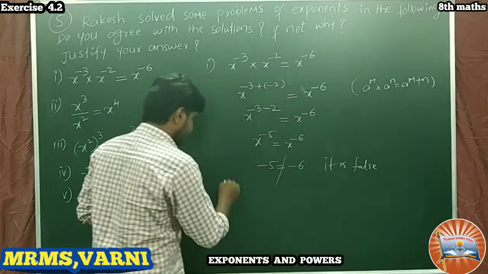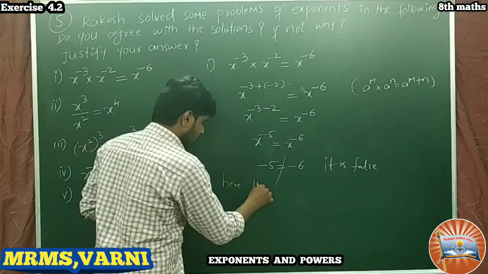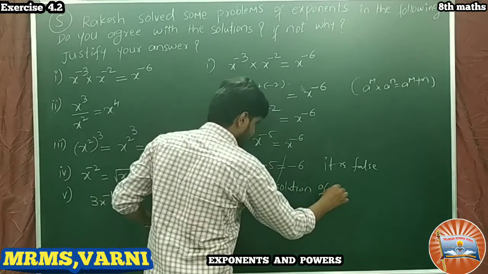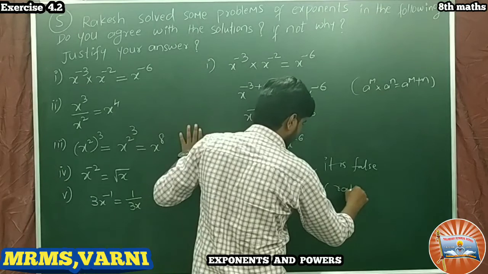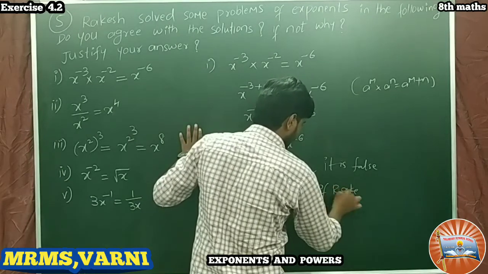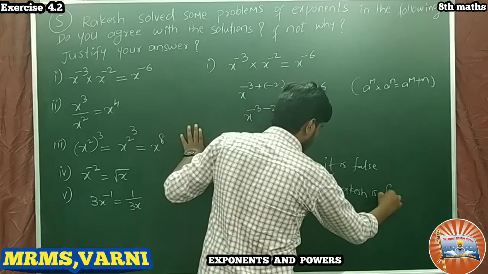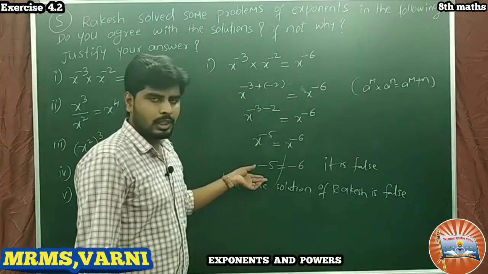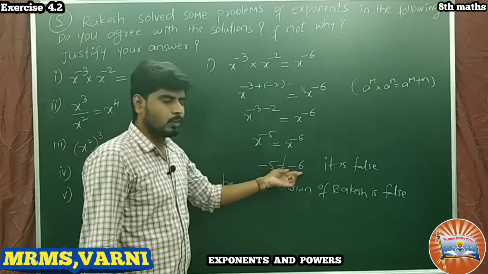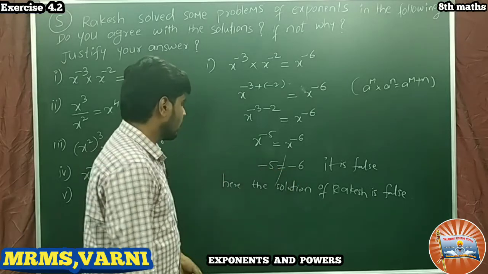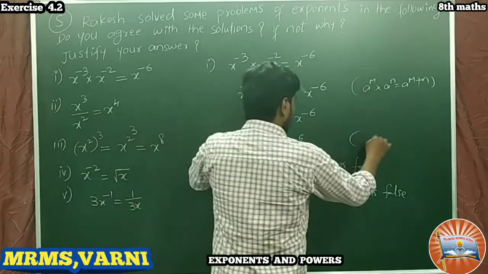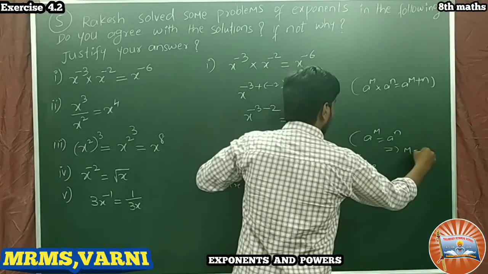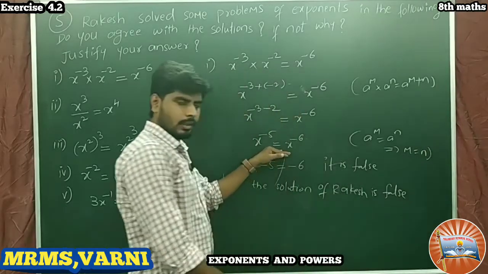So here the solution of Rakesh is false, because minus 5 is not equal to minus 6. Here I have used the formula a power m is equal to a power n implies m is equal to n.